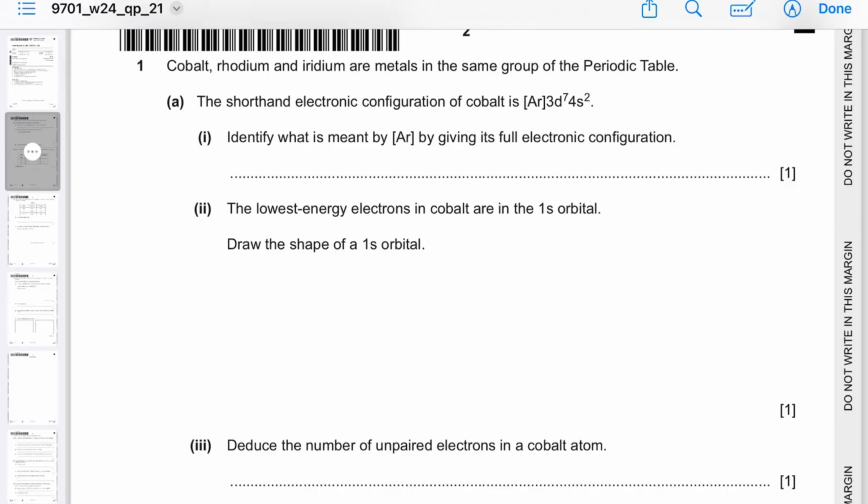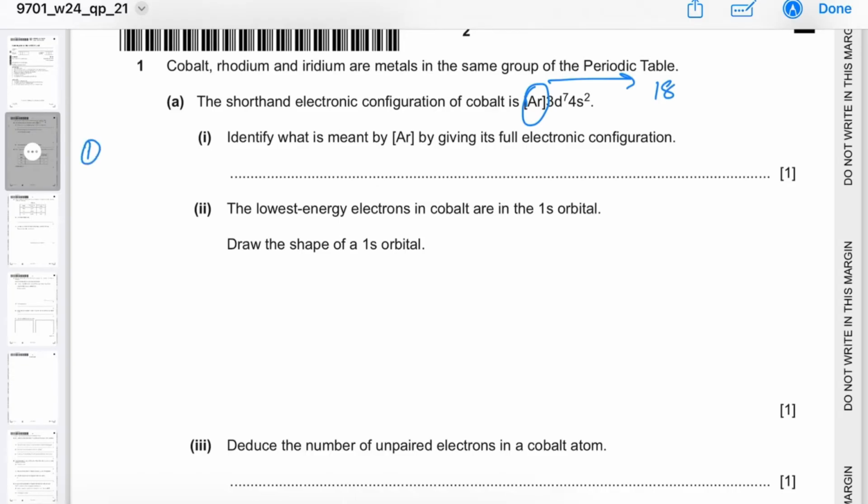So argon is a group 8 element that has an atomic number of 18. When writing the electronic configuration, remember that each shell has subshells.